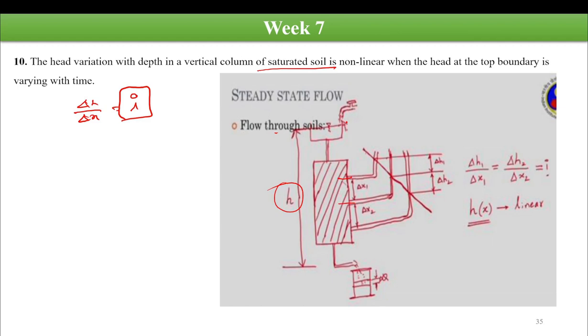If you go to a particular depth and measure the head there, then this ratio delta Hi upon delta Xi will always be constant, even if we change the head. So the head variation with depth in a vertical column of saturated soil is linear, not non-linear, even if the head is changed at the top boundary.